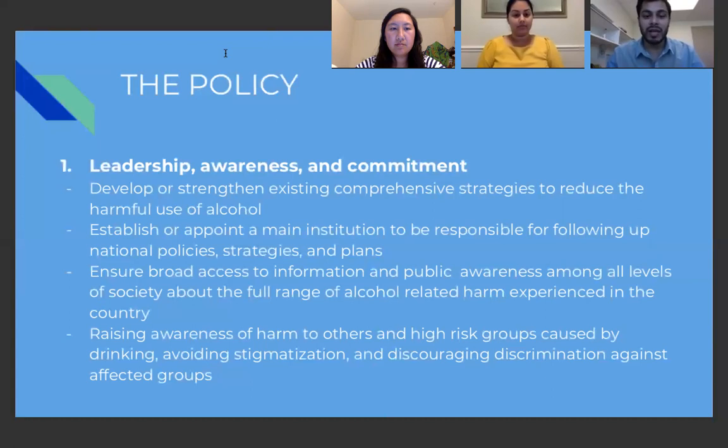Ensure broad access to information and public awareness among all levels of society about the full range of alcohol-related harm experienced in the community. Raising awareness of harm to others and high-risk groups caused by drinking, avoiding stigmatization, and discouraging discrimination against affected groups.